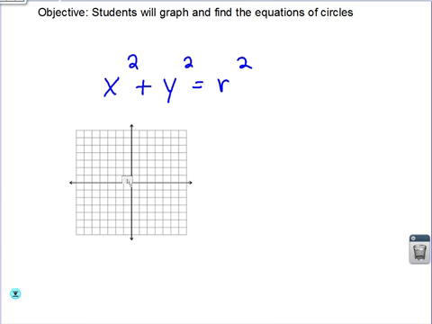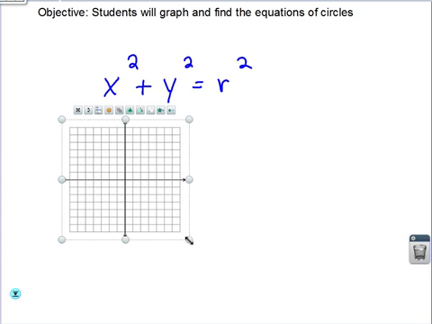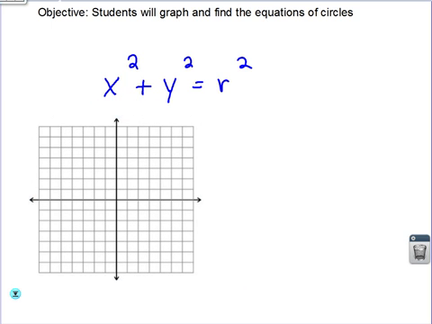So now, let's do this the easy way. If I ask you to graph x squared plus y squared equals 9, which is what we started to graph over there, that is a circle. X squared plus y squared equals some number will always be a circle.